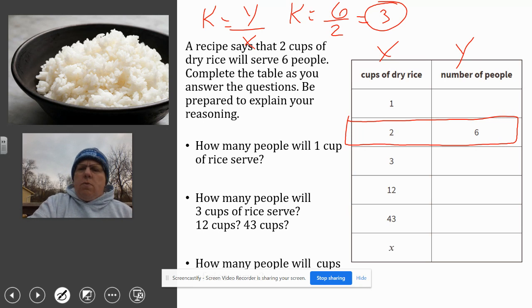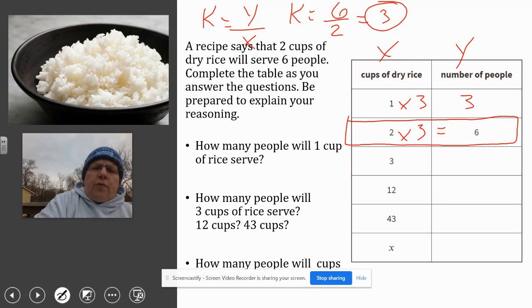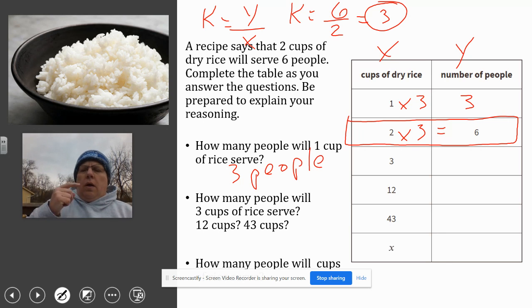And so if I want to check my work, I will notice that 2 times 3 equals 6. And so I notice that I can find the y value throughout my entire table if I use that constant of proportionality. So let's go back and look. If that's the case, 1 times 3 is 3. And so 1 cup of rice will serve 3 people. 2 cups of rice was already done for us.